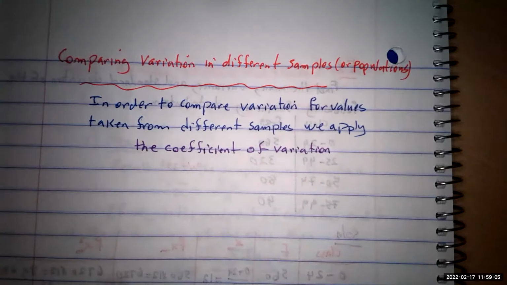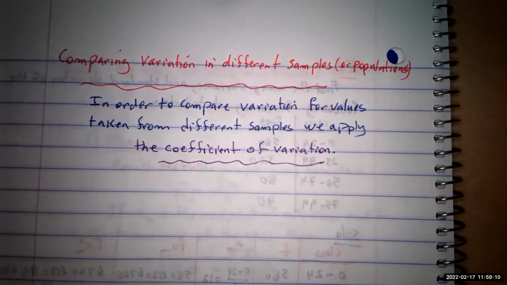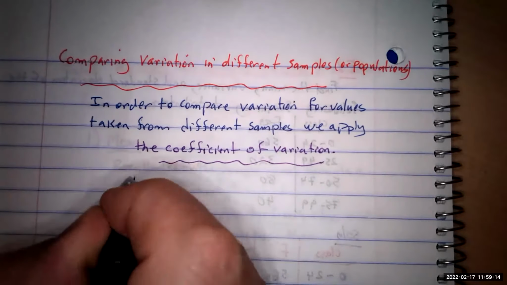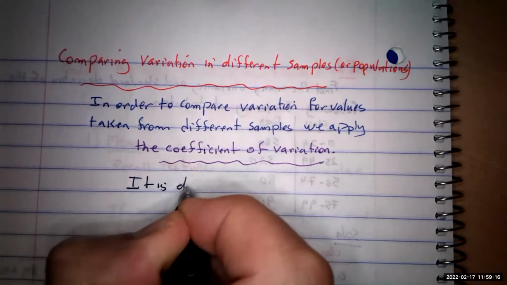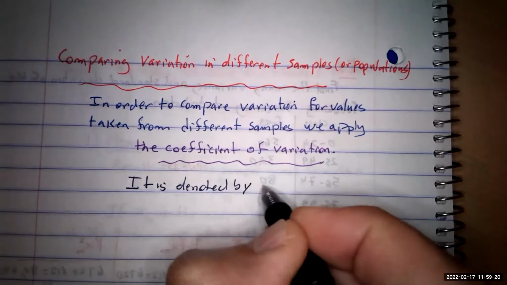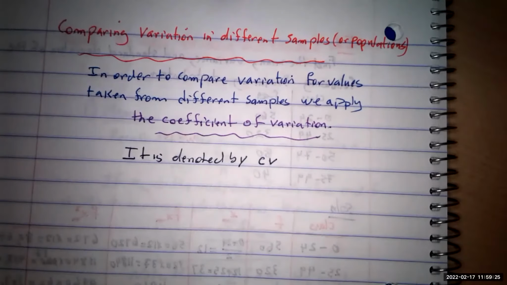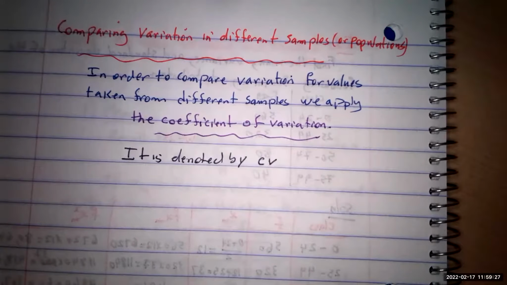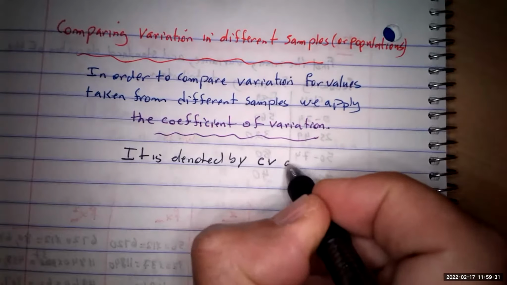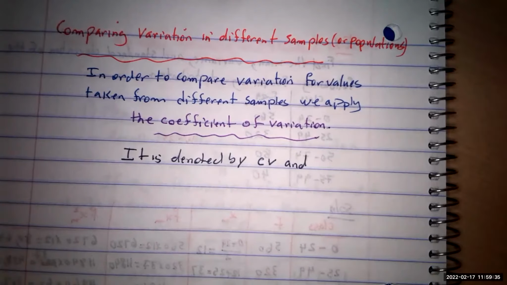It's going to be a kind of percentage denoted by CV. It's not like your resume, but we call it CV. Okay, it's denoted by CV, and what is this? It's a ratio. It's the ratio of the standard deviation to the mean.